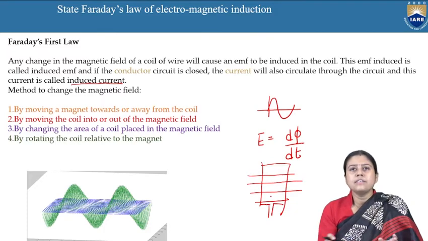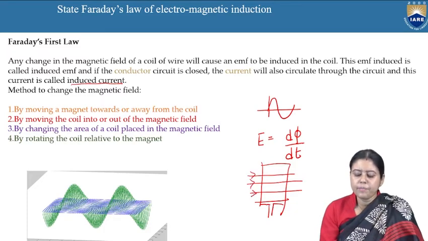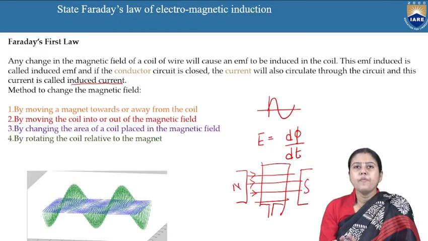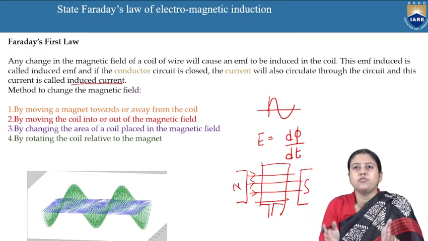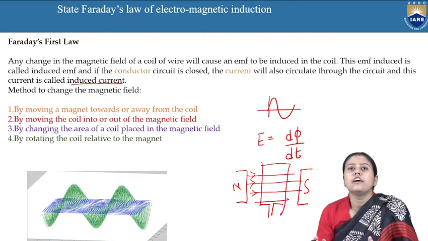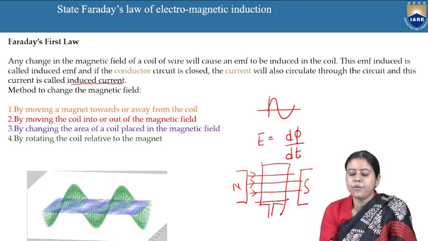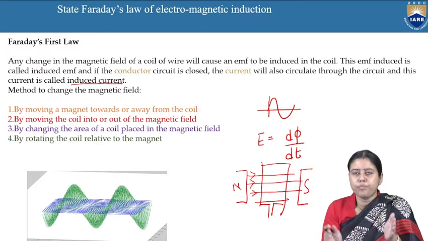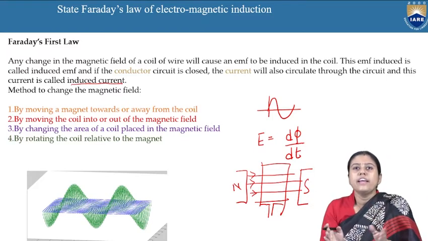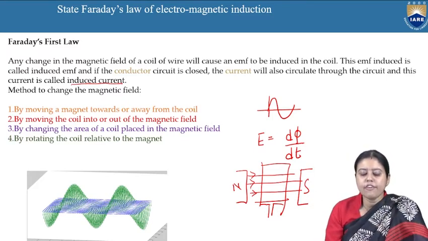This is the north pole and this is the south pole. If we increase the distance between the north pole and south pole, the field strength will decrease. If we bring them closer, it will increase. So by changing the magnets, we can change the magnetic field.